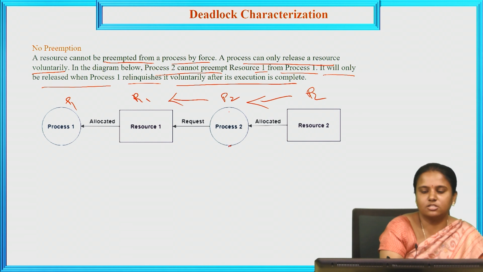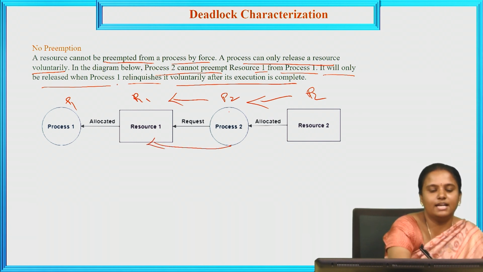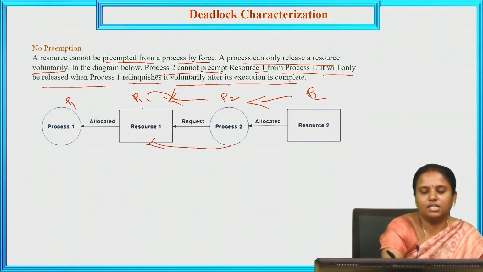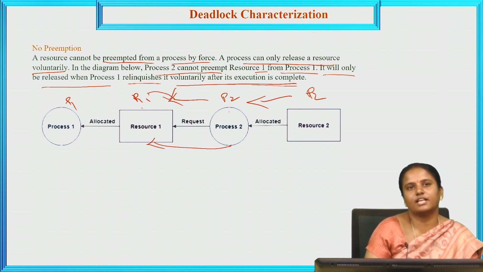Until P1 releases it, P2 cannot get it, because R1 is already allocated to P1. P1 relinquishes it voluntarily after its execution is completed. After completion, P1 releases R1, and then P2 can be allocated R1. That is what no preemption means.